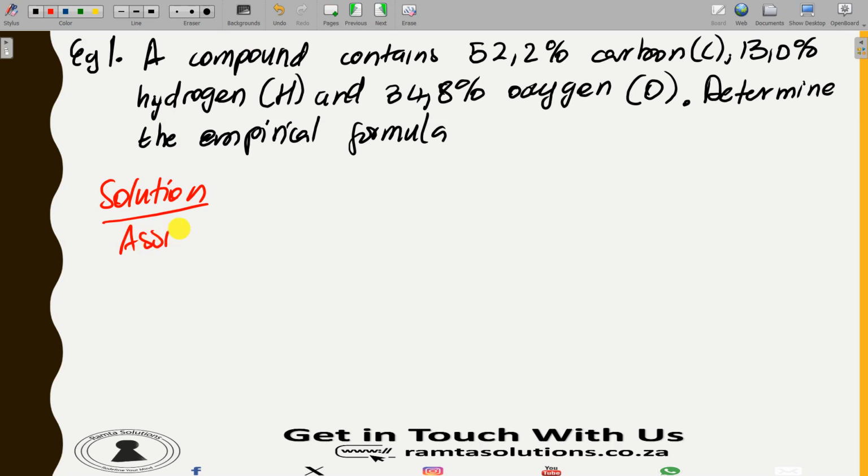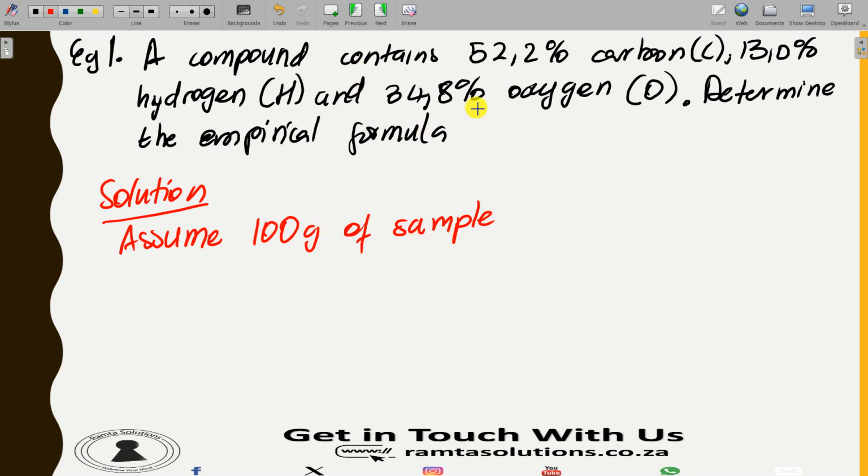Write the statement: assume 100 grams of sample. It's important. You must always say that when you're given percentage composition, you must assume 100 grams of sample.